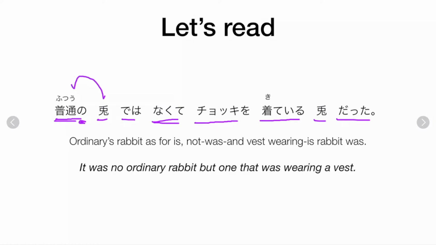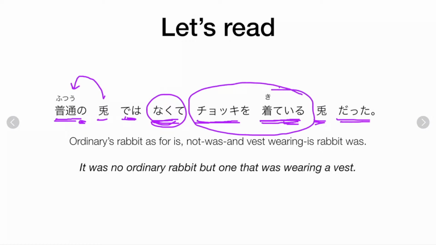So a rabbit that belongs to this class of normal, a normal rabbit, dewa nai, well, it wasn't a normal rabbit, and nakute in te form, so nai becomes nakute. Chokki is a vest. Kiteiru, so this is to wear, and that's in continuous form. So kiteiru, wearing a vest. Usagi datta. So we're using chokki o kiteiru as a verb, right?